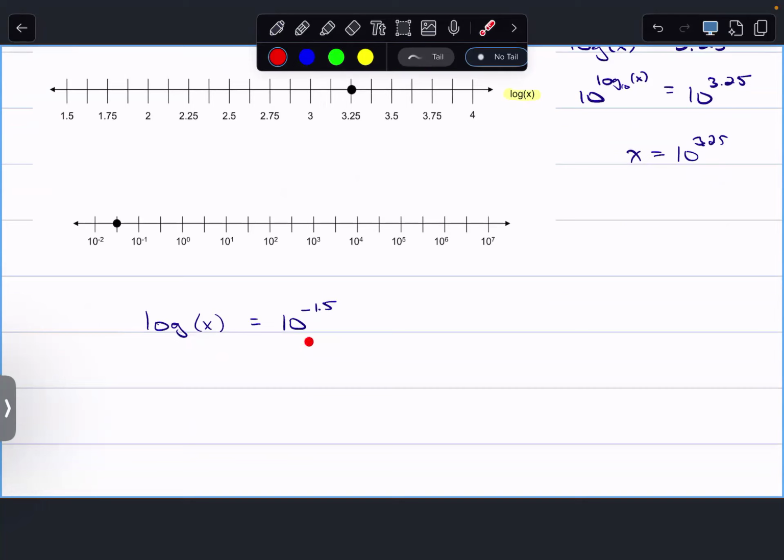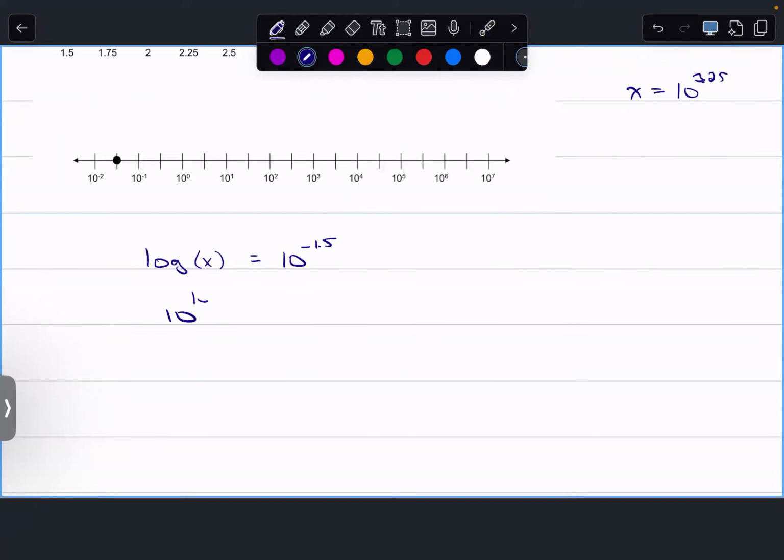So x is 10 to the negative 1.5, and then 10 to the power of that.